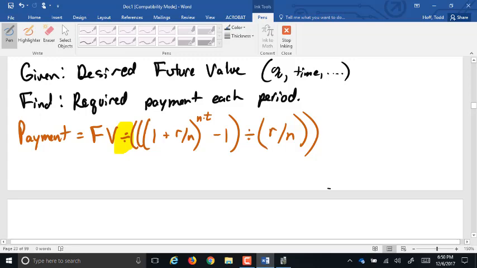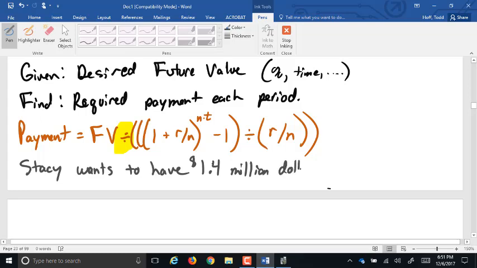So, okay, let's say that Stacy wants to have $1.4 million to retire in 30 years at 9.8% interest.